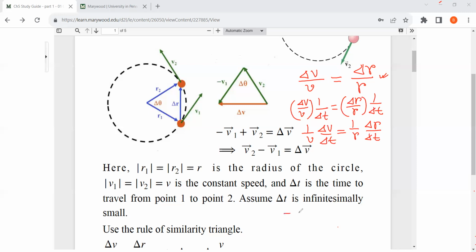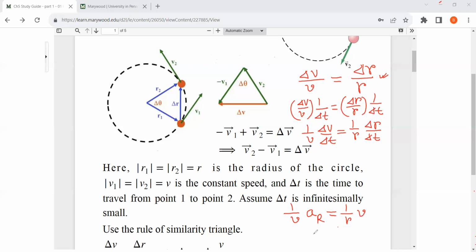Then what I have here is delta v over delta t, which is basically the acceleration, and this acceleration is a subscript r. And here delta r over delta t, the rate of change of the radius vector, is the velocity.